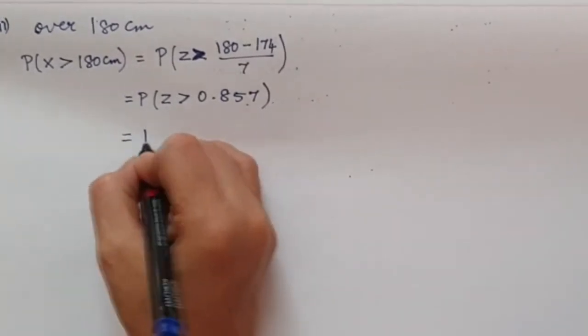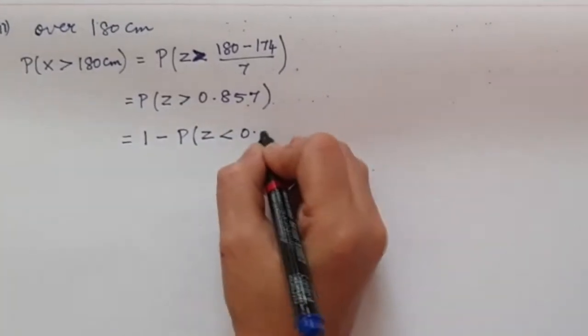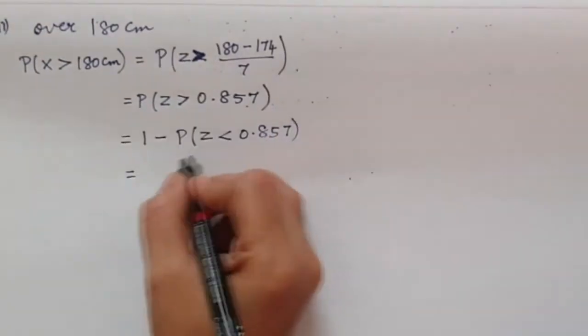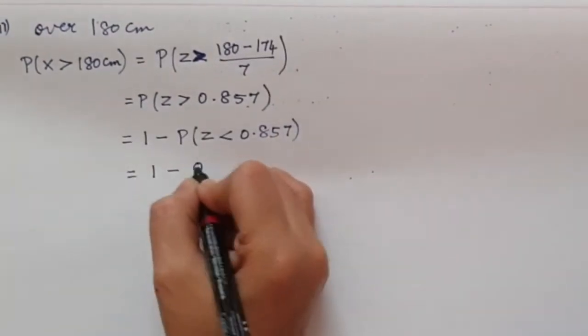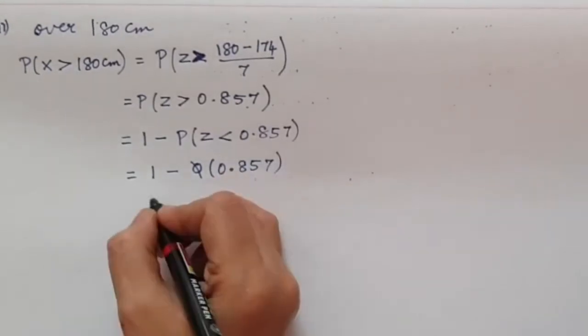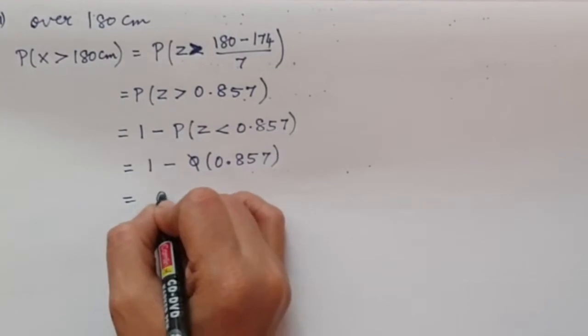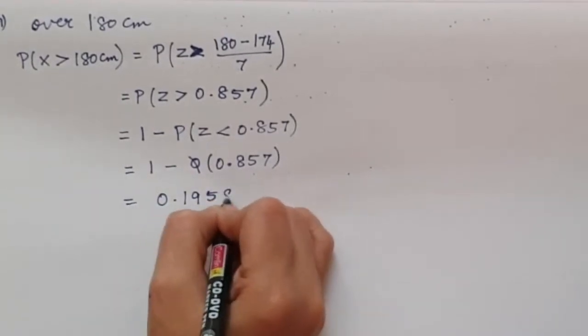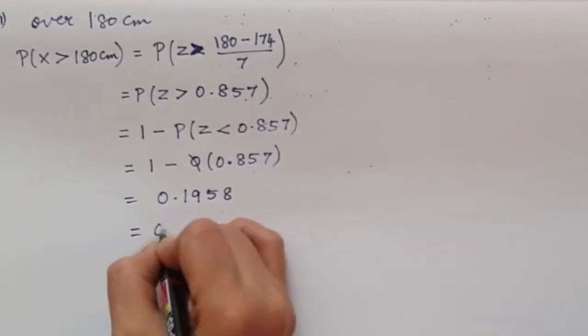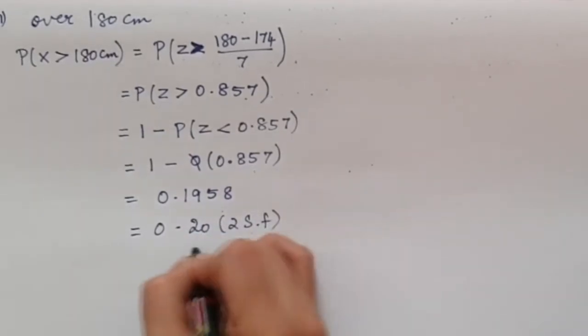So we write it as 1 minus the probability of z less than 0.857, which is 1 minus phi of 0.857. When we find the value and simplify, we get 0.1958, which is 0.20, correct to two significant figures.